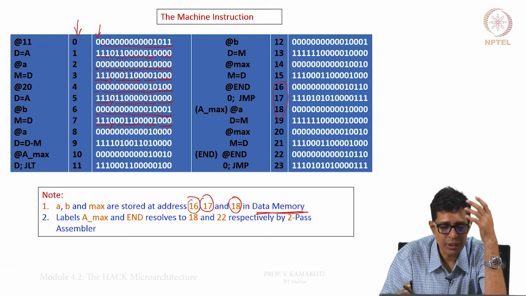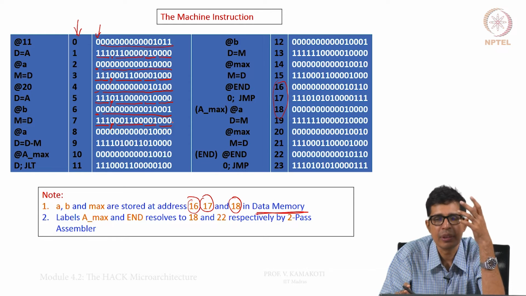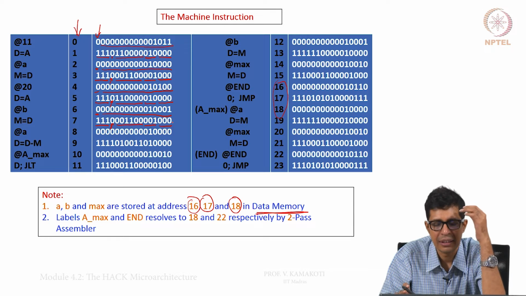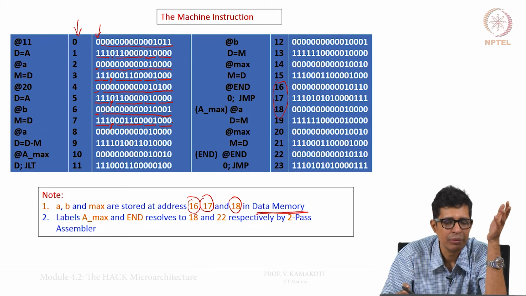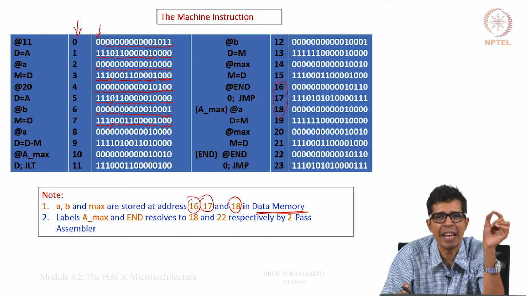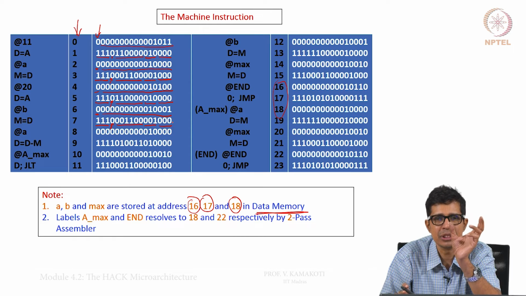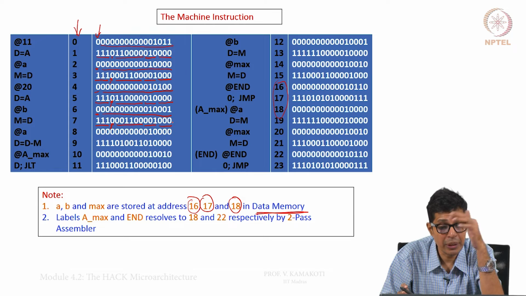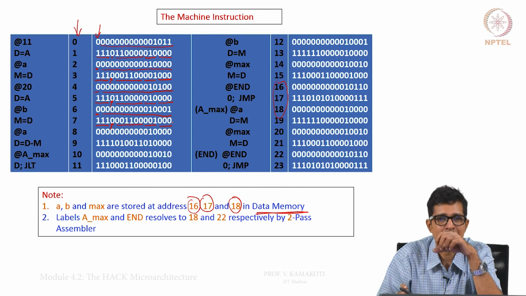You can also refer to the table that we have introduced in module 3 and in the book, which gives you the combination of A and the computation bits, for A0 and C1, C2, C3 till C6 being some value, the corresponding operation that will happen.